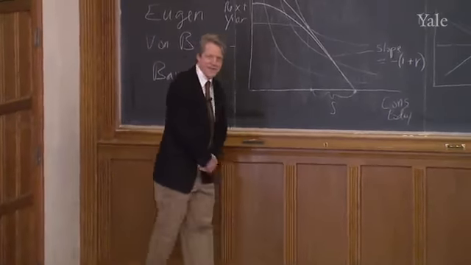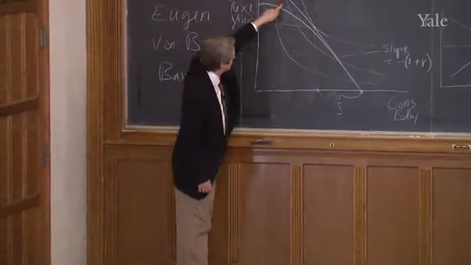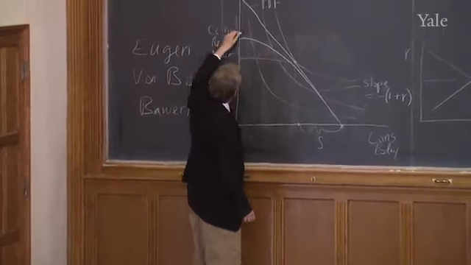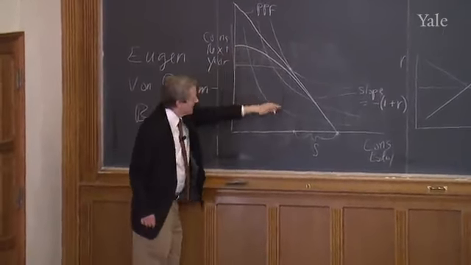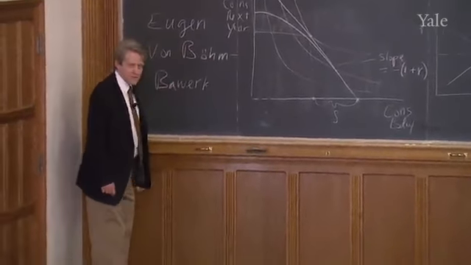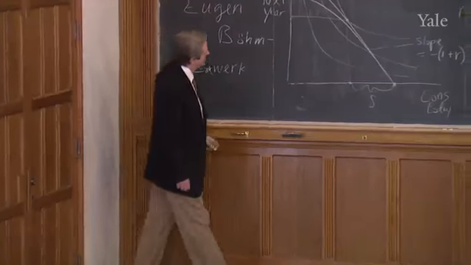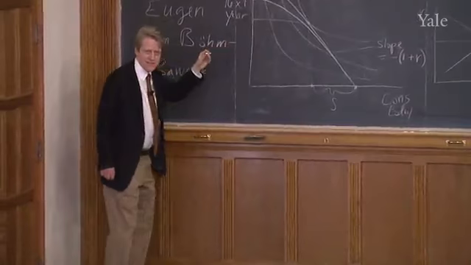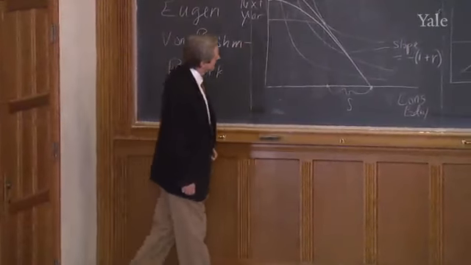So now we have a new production possibility frontier that is more complicated. Suppose, forget this straight line which I drew first, and now consider a new production possibility frontier that's curved downward. Well, what does Robinson Crusoe do? Robinson Crusoe picks the highest indifference curve that touches this production possibility frontier.